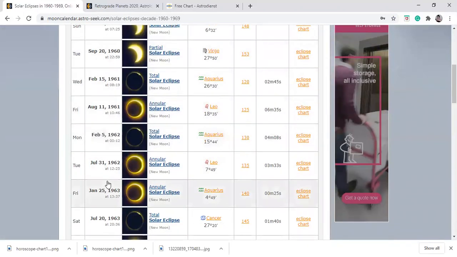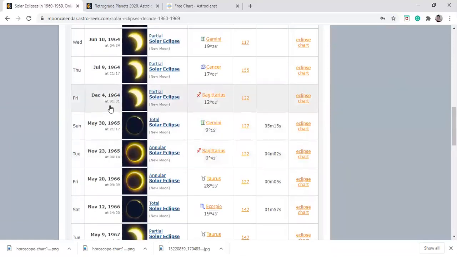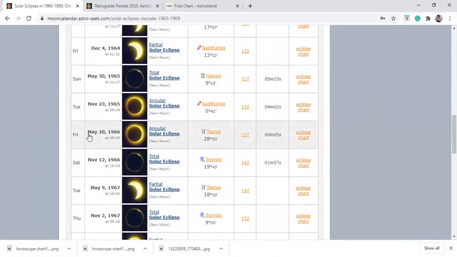So we scroll down the chart here, and we can see that on May 20th, 1966, there was a solar eclipse in Taurus at 28 degrees going on to 29 degrees. So I now know that I had a solar eclipse the day before my birthday. It's going to be different for everyone. And that would have been the solar eclipse that I'll be referring to for myself.